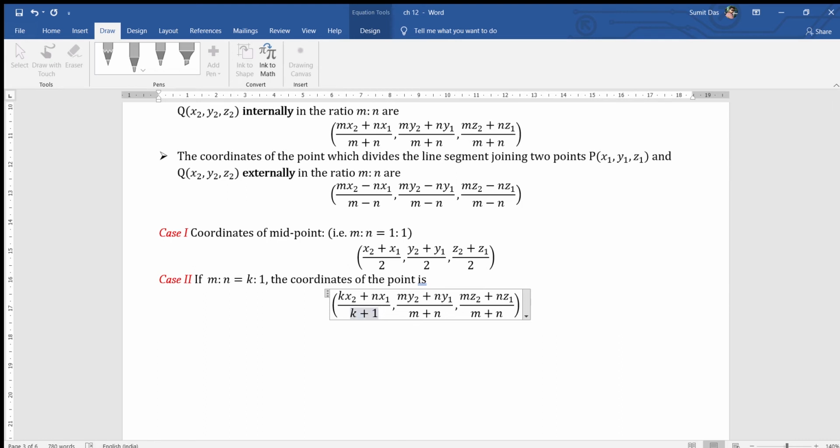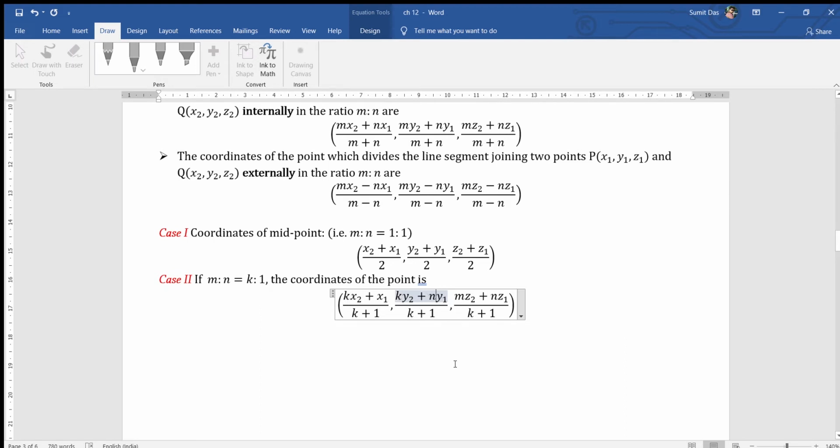So all the m plus n will be k plus 1, and all n will be 1. Where n is 1 we can just skip it.